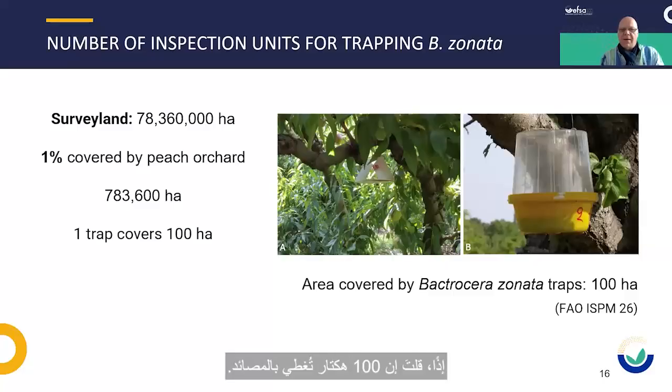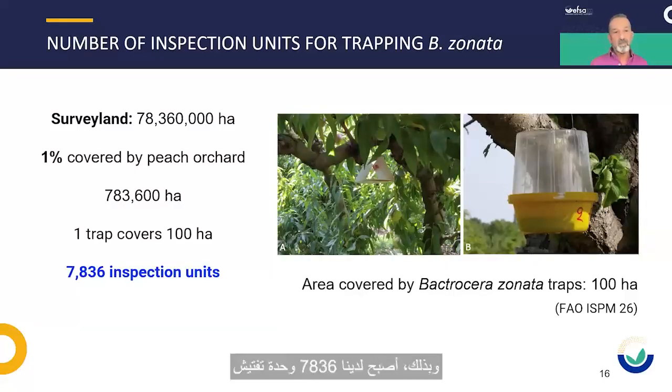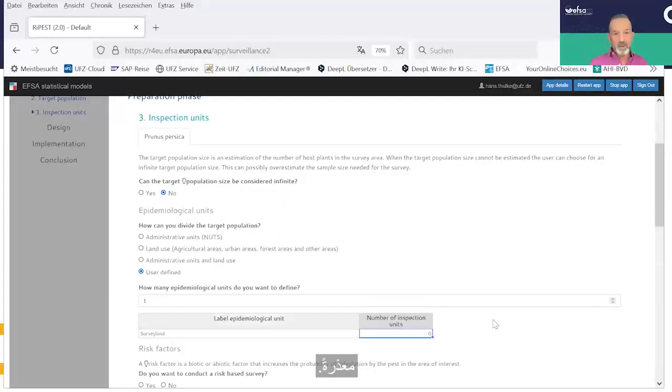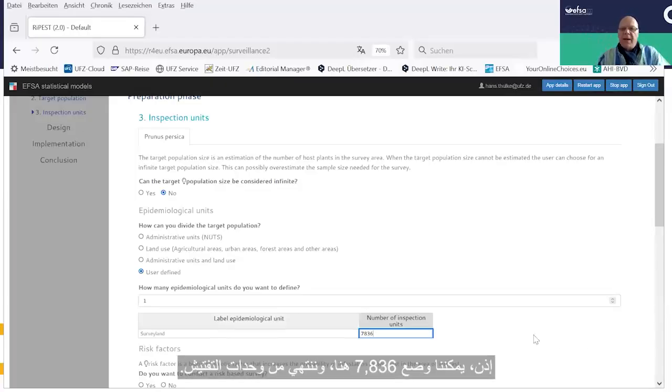So you said a trap covers 100 hectares? Yep, that's it. So then we end up with 7,836 potential inspection units that we can equip with a trap. So then we can put 7,836 here, and we are done with the inspection units.